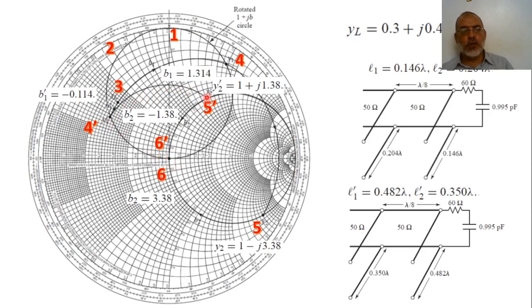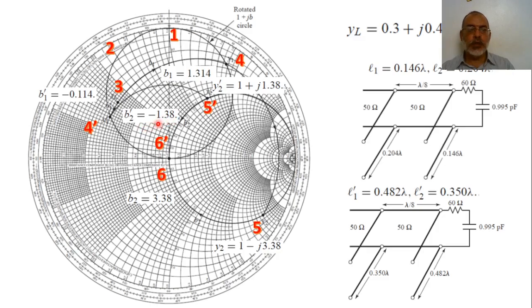The intersection of this circle with the circle 1 plus jB is the point y2 dash. The point y2 dash in this case is 1 plus j 1.38. This is the input admittance just before the second stub. This means that the second stub, which is required to match this load, is minus j 1.38. So B2 dash is minus 1.38.